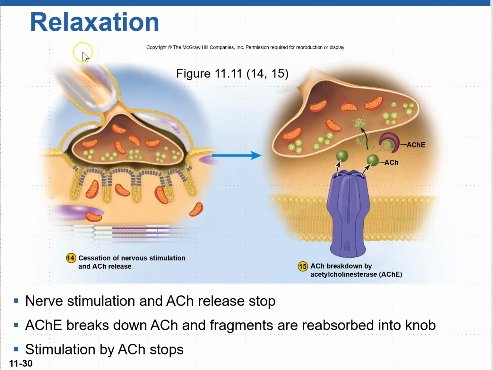So the last step is relaxation. The relaxation process ultimately begins with the motor neuron, when the motor neuron stops releasing acetylcholine into the synaptic cleft. Now the muscle fiber repolarizes, which closes the sarcoplasmic reticulum gates.